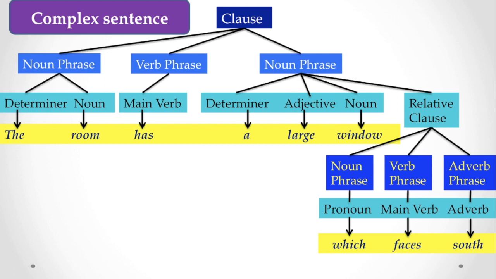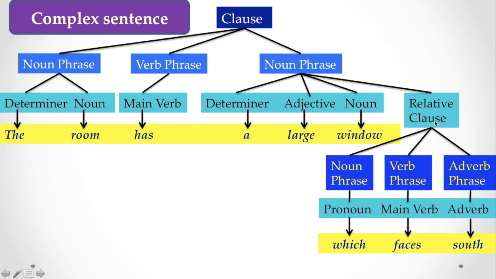So here this is a relative clause or adjective clause that modifies or qualifies the noun phrase, that is, which faces south. You find this noun phrase, a large window, which faces south.